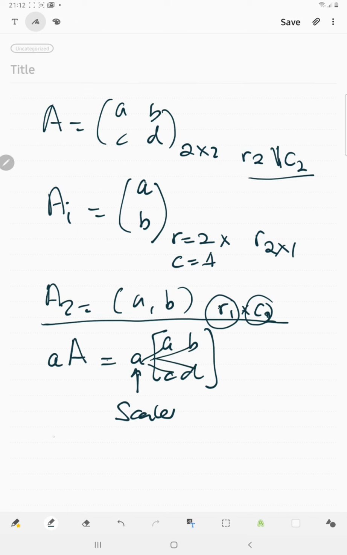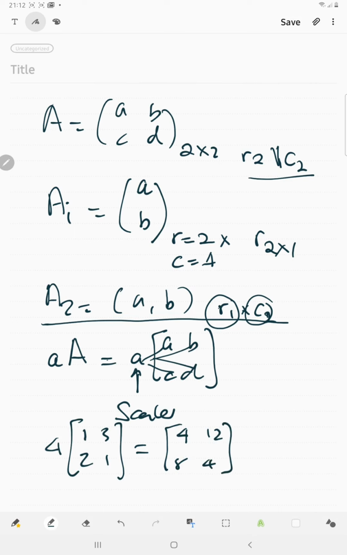So we can say 4 times the matrix 1, 3, 2, 1. This means I multiply each number by 4, so it will be 4, 12, 8, and 4. So 4 is a scalar which has been multiplied to give us this particular matrix.